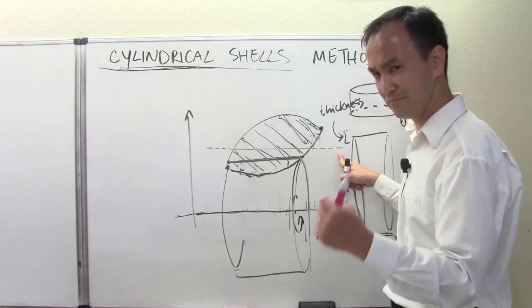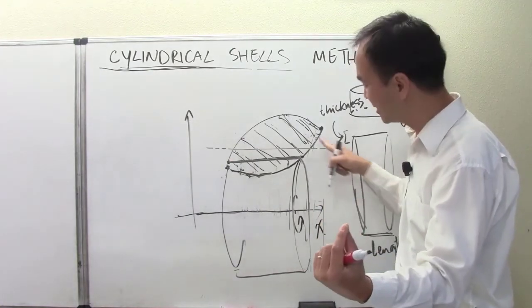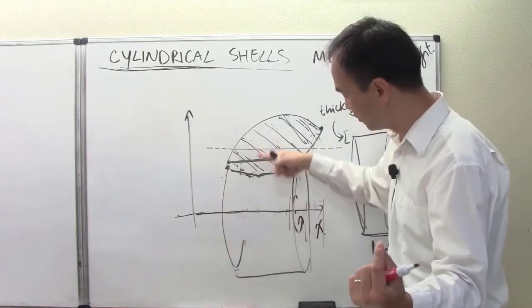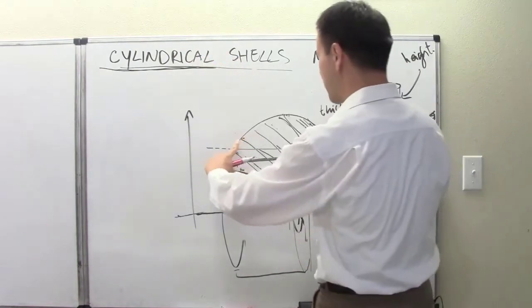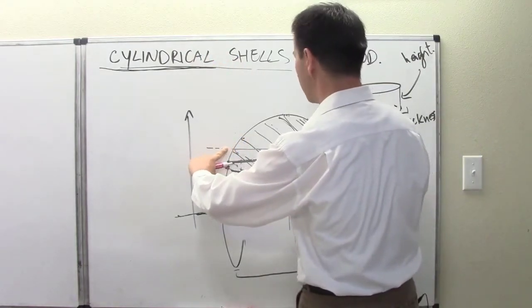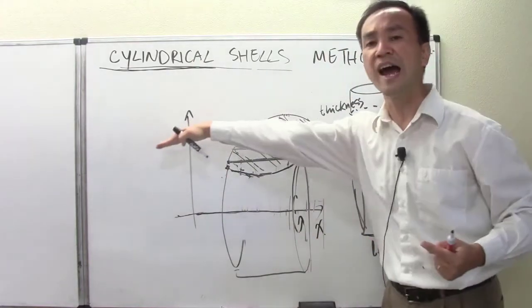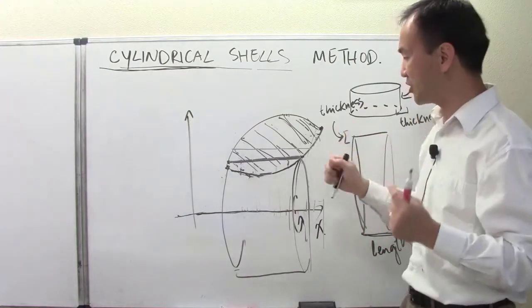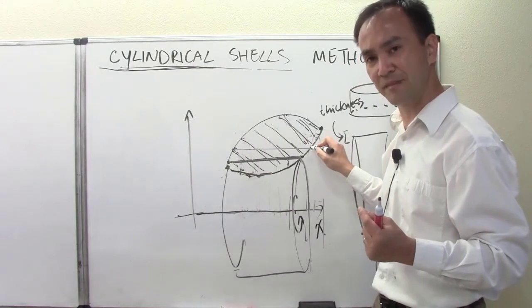Unlike the disc and washer methods, where there are cases where the stripe gets outside of the region to reach the rotation axis, in our case, using cylindrical shells, there will never be any case where the stripe goes outside of the region at all. Any stripe will be completely contained inside of the region.